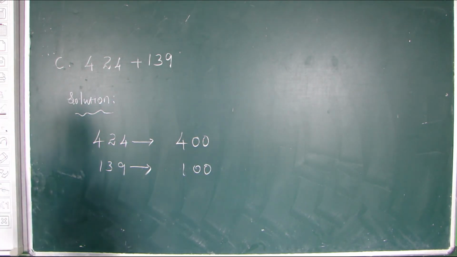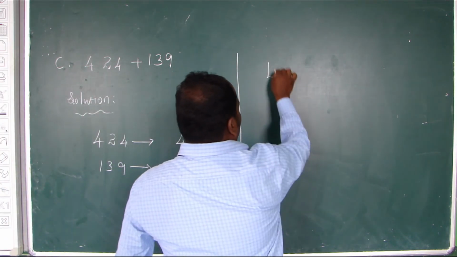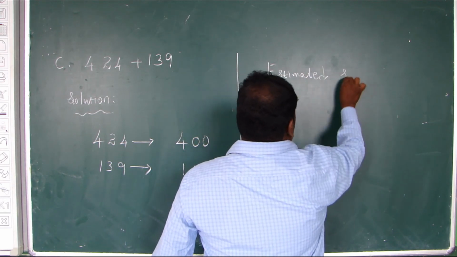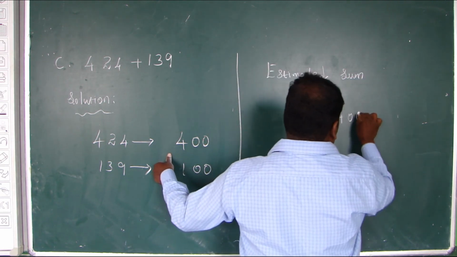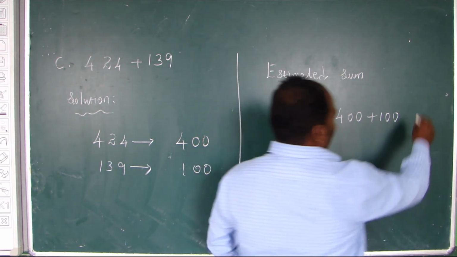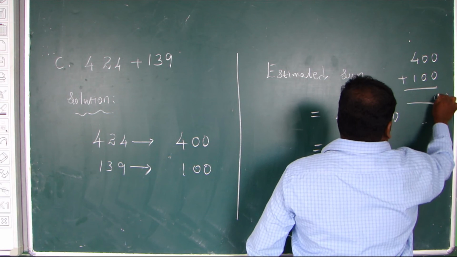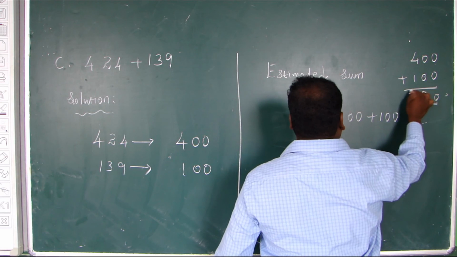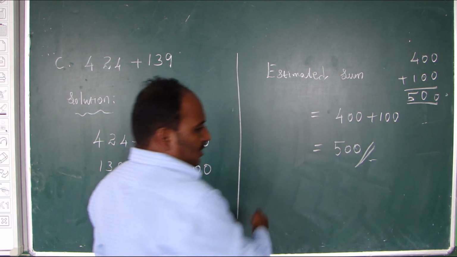So the estimated sum is equal to 400 plus 100. 0 plus 0 is 0. 4 plus 1 is equal to 5. So our answer is 500.